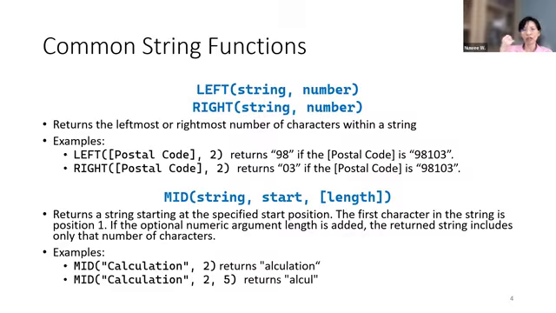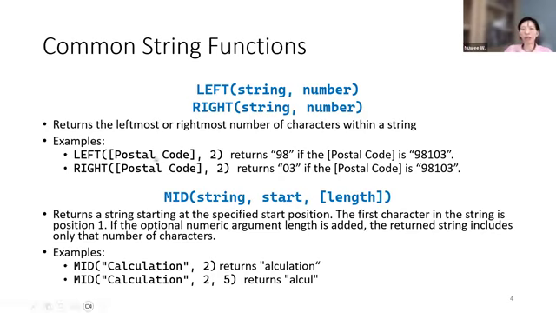Common string functions include left and right, just like in Excel, right? Left means return the leftmost number of characters. Right means return the rightmost number of characters. So you just give it a string and then you give it the number of characters that you want from the left or from the right, right?